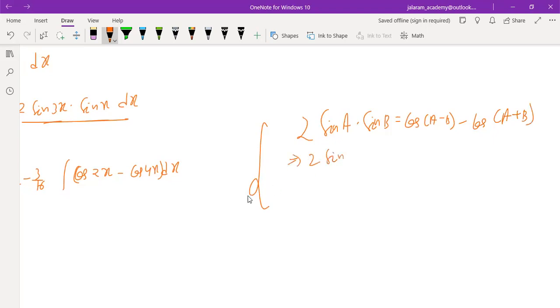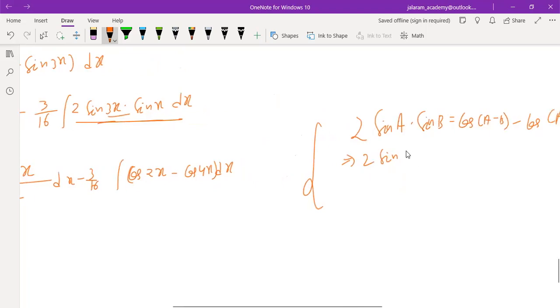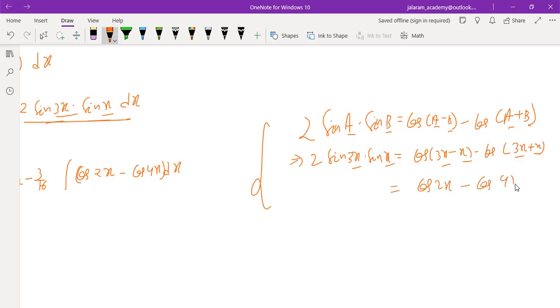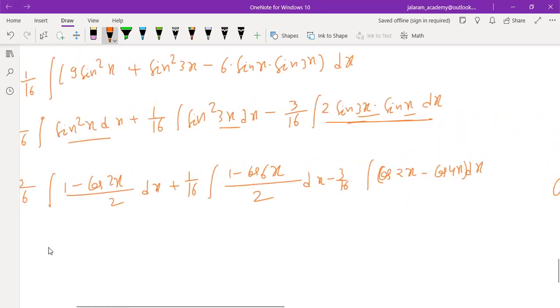So in place of a, we have 3x, in place of b, x, so we can write cos a minus b means 3x minus x, minus cos a plus b means 3x plus x. So it is giving cos 2x minus cos 4x. This is what we have written.